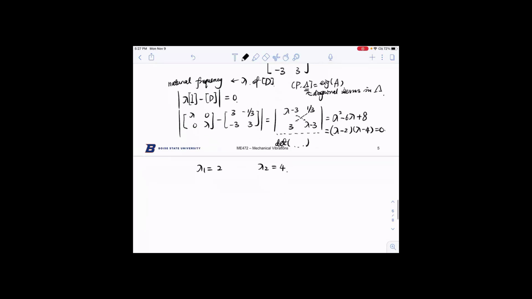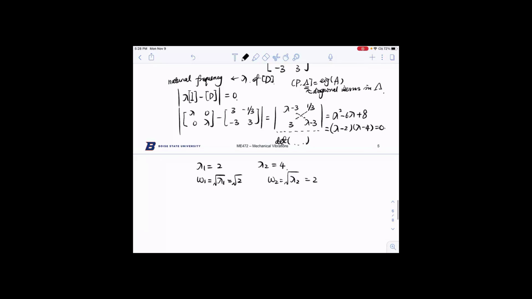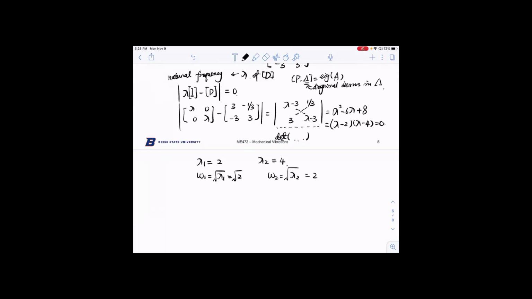So if you have lambda 1 and lambda 2, then you will know that your first natural frequency is the square root of lambda 1. The second natural frequency is the square root of lambda 2. So you find the two resonances of your system. All right, so the second part is what are the mode shapes?